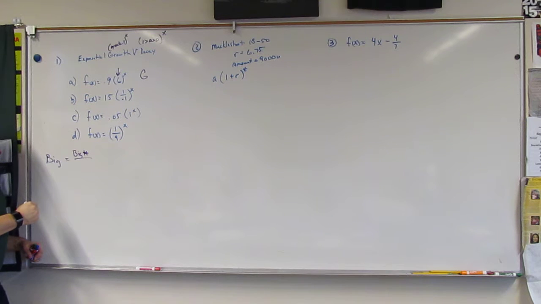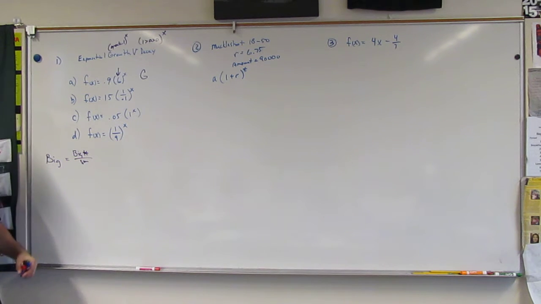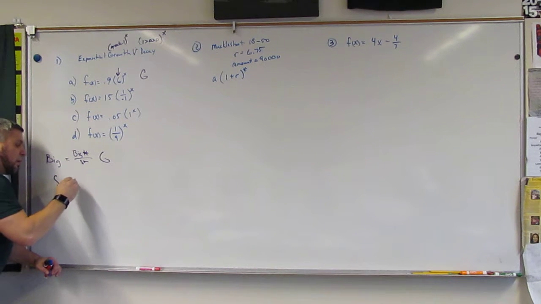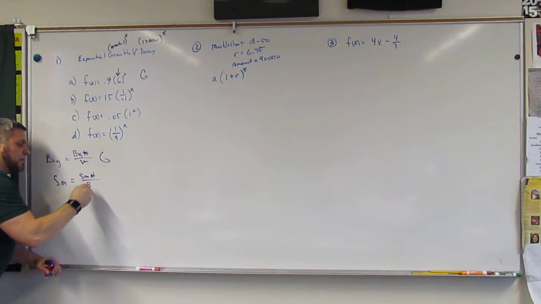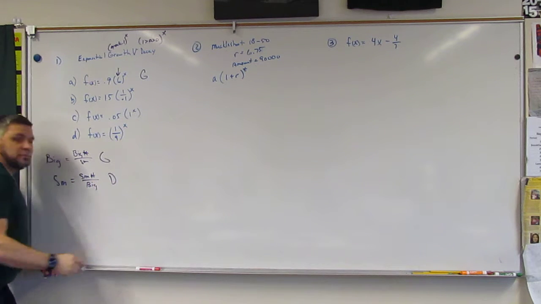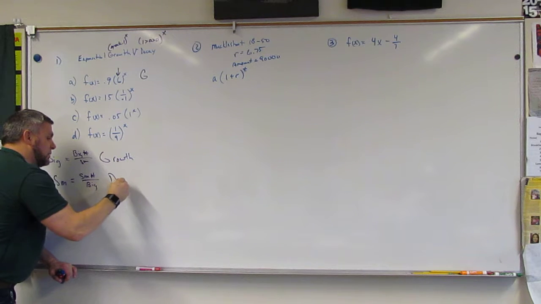If the number on top is bigger than the number on the bottom, then it's big, and that's going to be growth. If the number on top is smaller than the number on the bottom, then that's going to be decay. So growth, decay.